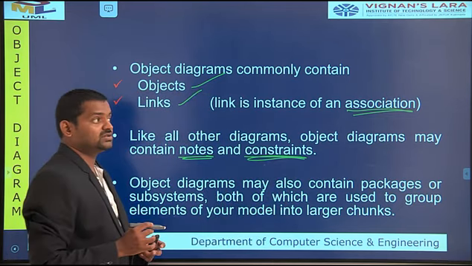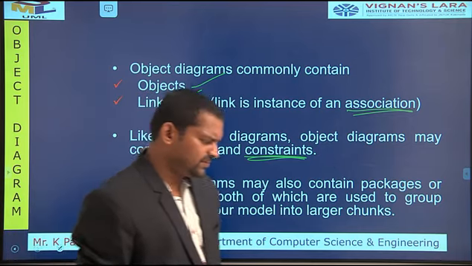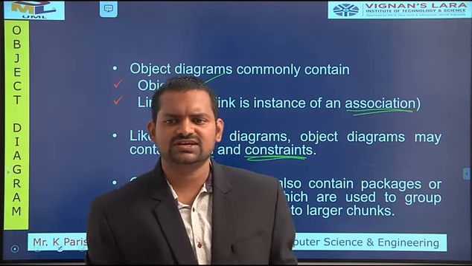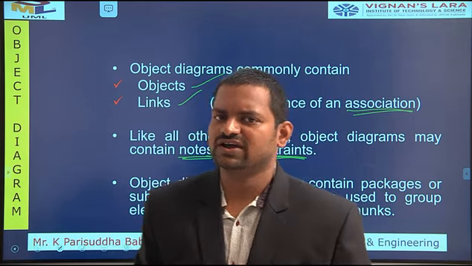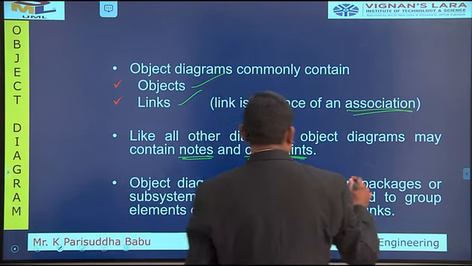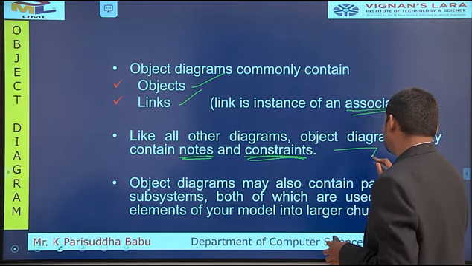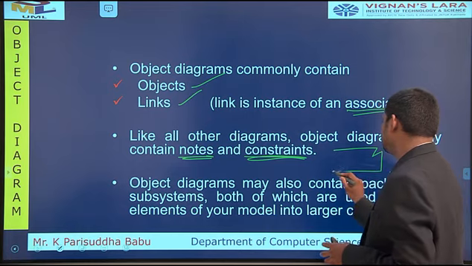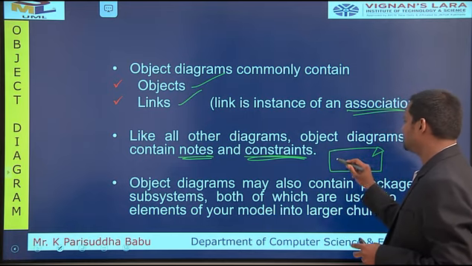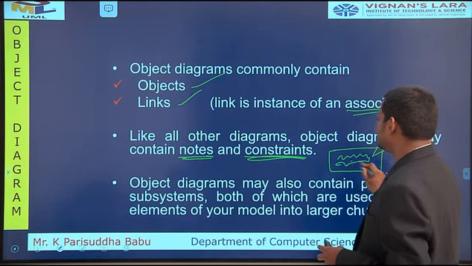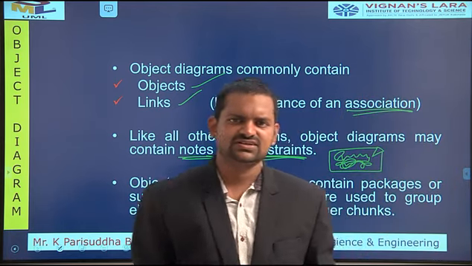If you represent a note for a particular object, you can draw it with a dog-eared symbol, just like this I draw here. This is a note. You can write any information for a particular object.